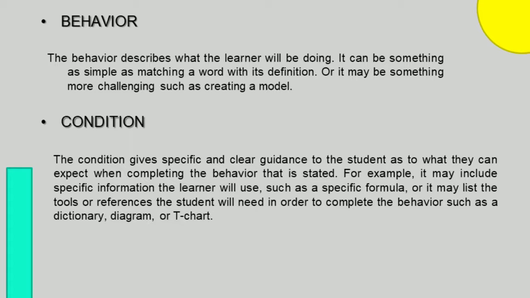The condition gives specific and clear guidance to the student as to what they can expect when completing the behavior that is stated. For example, it may include specific information the learner will use, such as a specific formula, or it may list the tools or references the student will need in order to complete the behavior, such as a dictionary, diagram, or T-chart.